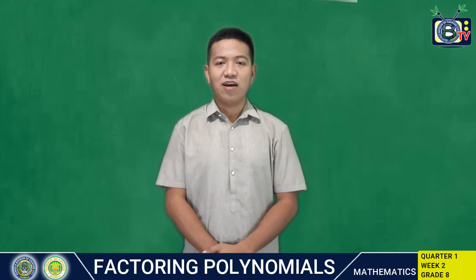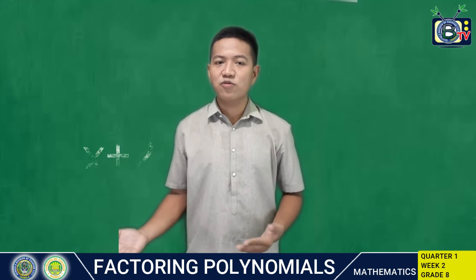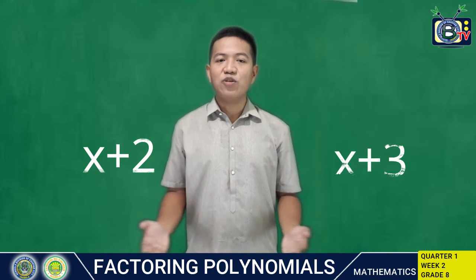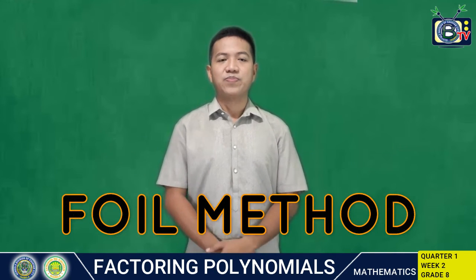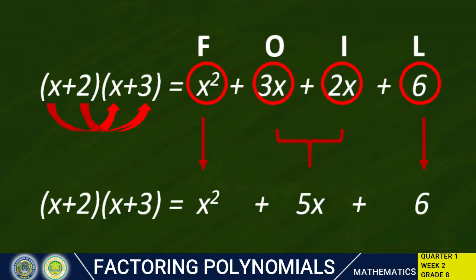Let us find the product of the binomials x plus 2 and x plus 3 using the FOIL method. The resulting product for the first terms is x squared, 5x for the sum of products of outer and inner terms, and 6 for the product of the last terms, giving us x squared plus 5x plus 6.